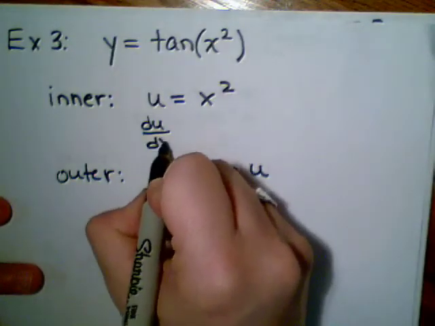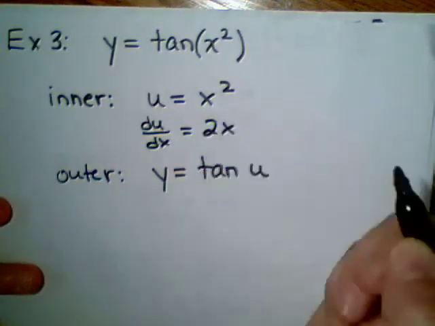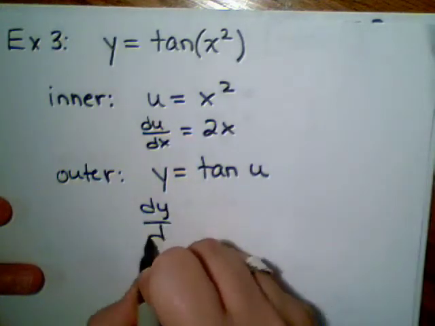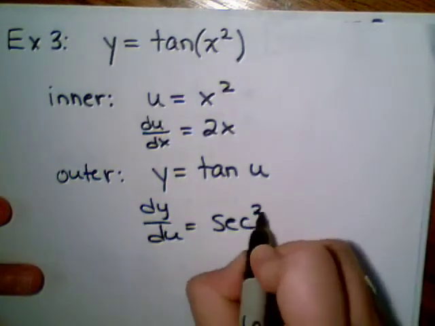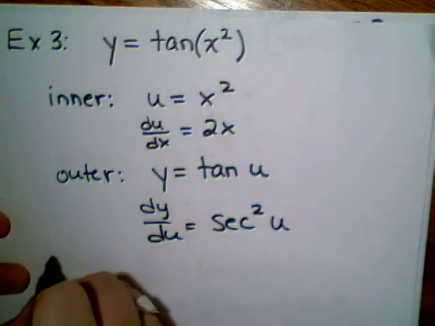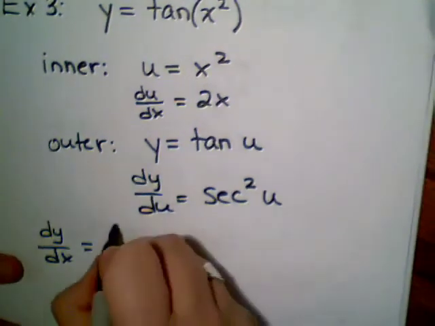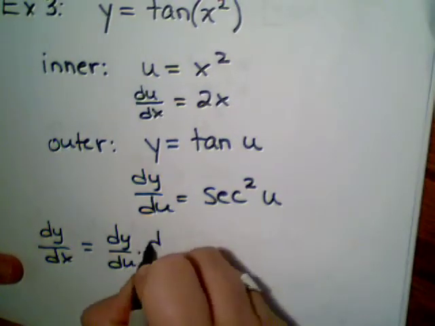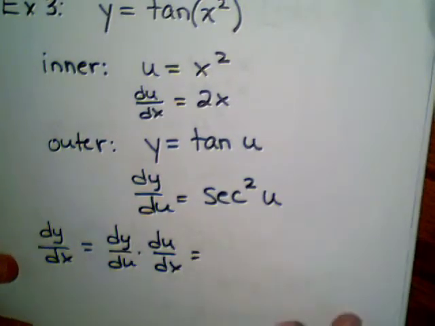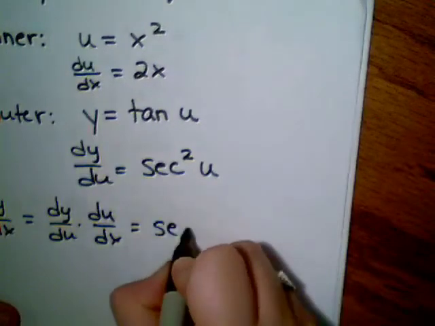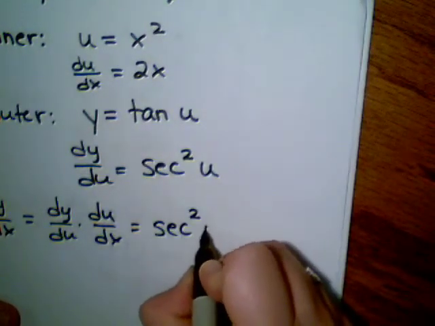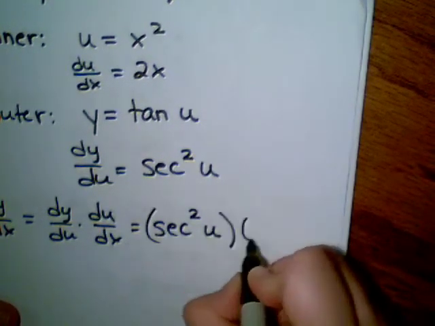And in this example, du dx is 2 times x. dy du is secant squared u. And our final answer, dy dx, will be the product secant squared of u times 2x.